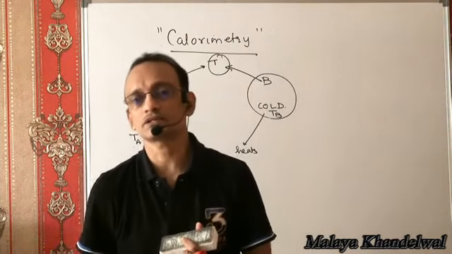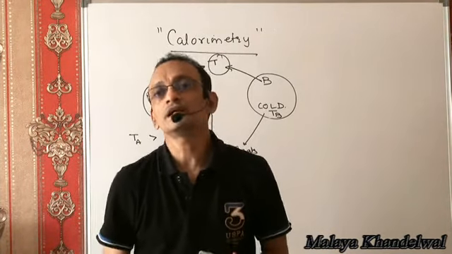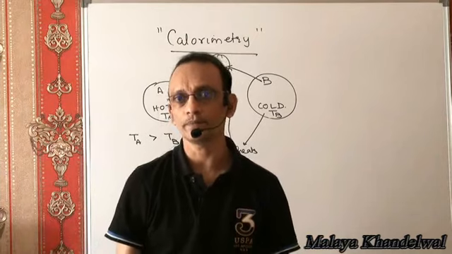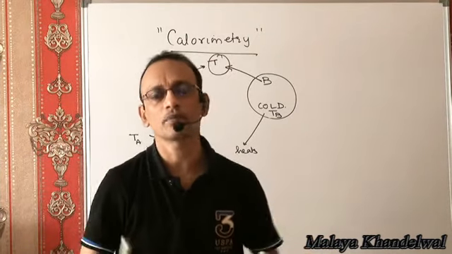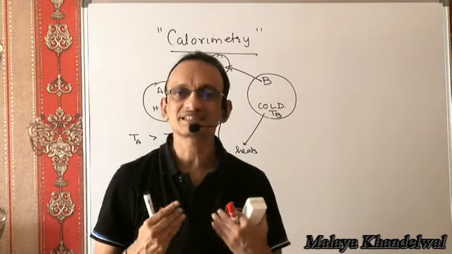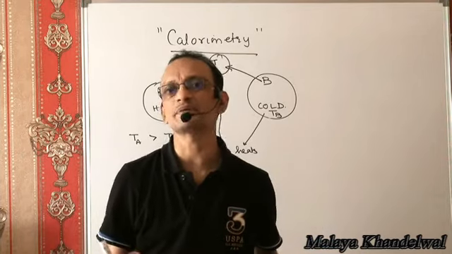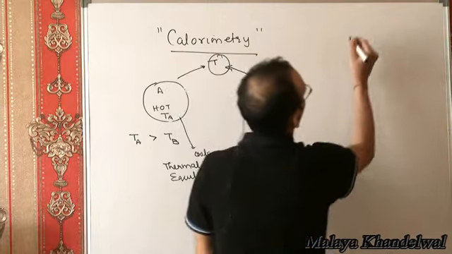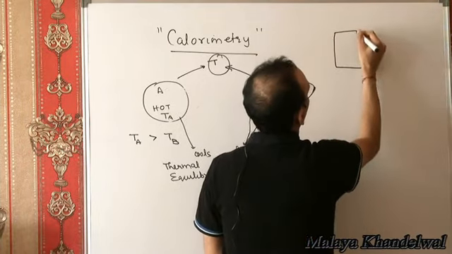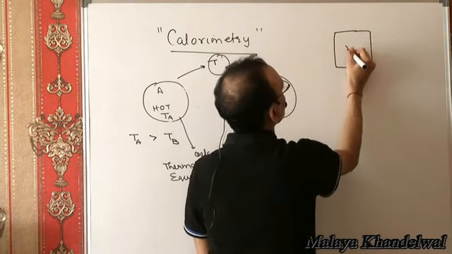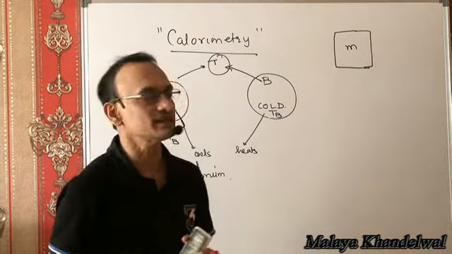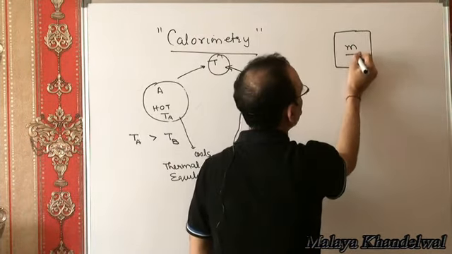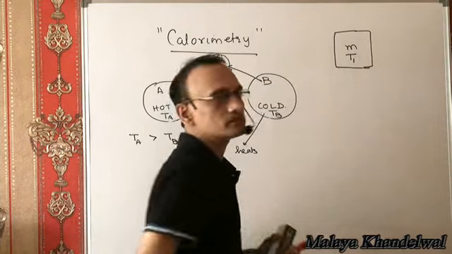Now, an important aspect of the heat lost or gained by a body when its temperature rises or its temperature decreases is given by the following result. If there is a body of mass m, and it's at a temperature T1, right?